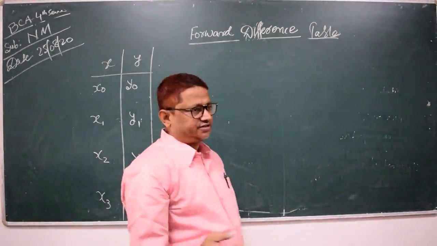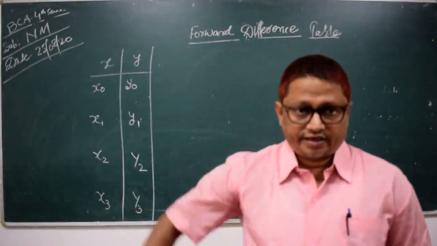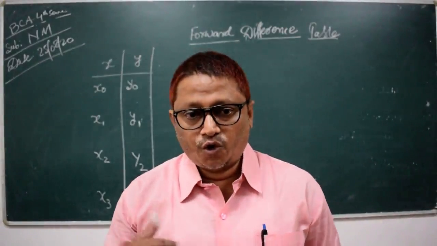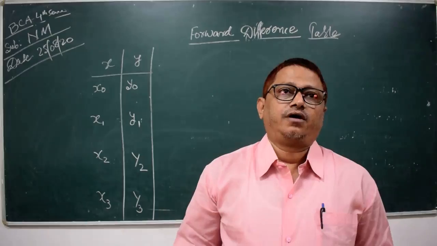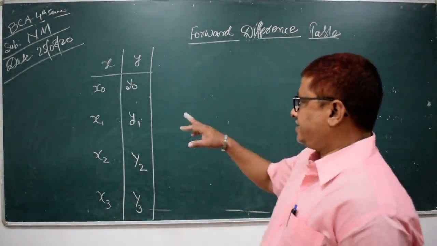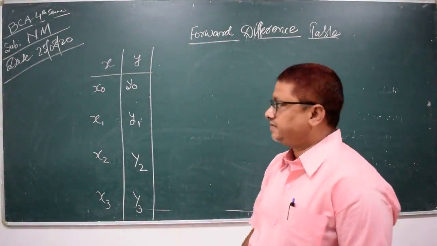These two columns are given in the form of values in the problem. If you want to know how to construct the forward difference table, we see it with the help of the variables x0, y0, x1, y1, x2, y2, x3, y3.